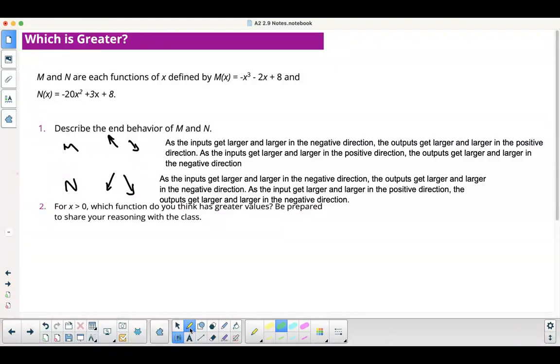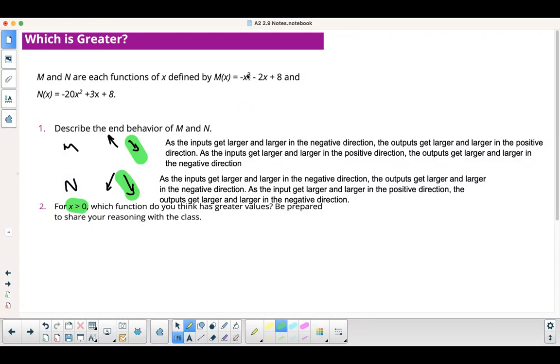When x is getting bigger and bigger, we're going down. So the question is, which one of these has greater values? N has a lower power than M. So this one's going to go down steeper because it's got a higher power. It's going to get much, much bigger, okay?